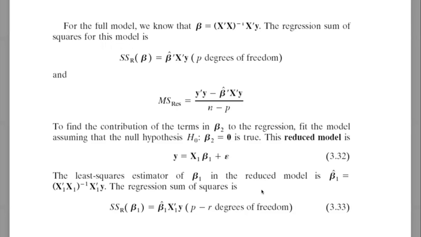Once we have that, in the same way that we got the sum of squares up here, once we had beta hat, we can get the sum of squares for the regression for the reduced model using the same formula, just replacing beta hat and x with beta 1 hat and x1. So the sum of squares for the regression for the reduced model would be beta 1 hat times x1 prime times y. For this model, we have p minus r degrees of freedom.